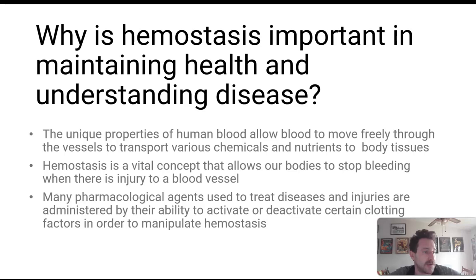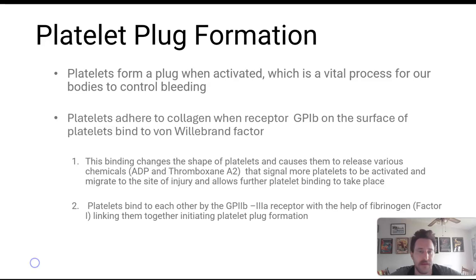Many of the drugs used to treat these thrombotic diseases are designed by their ability to manipulate the biochemical pathways involved in either preventing clotting or encouraging it. An example that I will touch on later in this lesson is aspirin, which is a common platelet inhibitor.